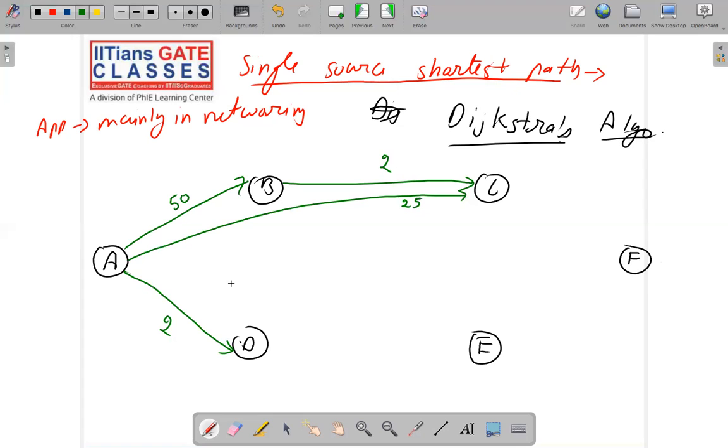From B to D we can send with edge weight 8. Try to write in this order only, because this graph is complicated and you can lose the numbers. For example, you may be confused whether 25 belongs to this edge or some other edge. From D to B, I can send with cost 3.